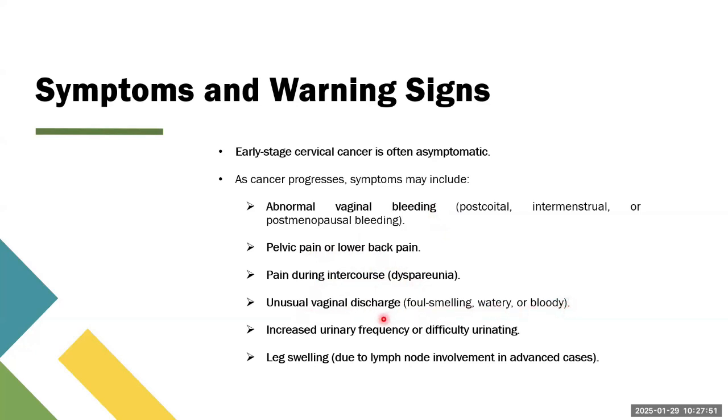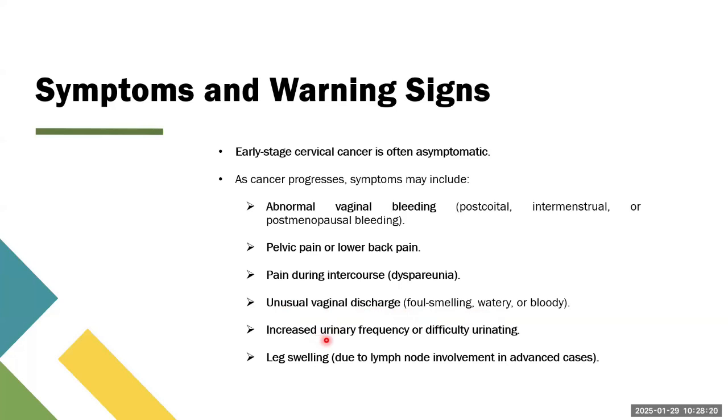So there can be different types of discharge that can be linked with cervical cancer. It is not necessary that foul smelling discharge is cervical cancer. It can be an STI as well, but cervical cancer can also present with foul smelling discharge, which can be watery or bloody.